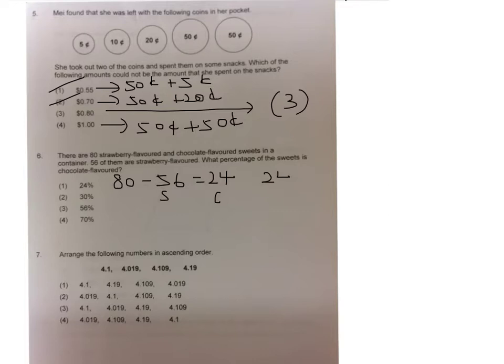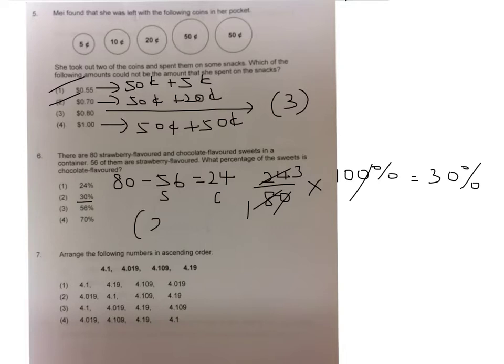That will be 24 chocolate sweets over 80, which is the total amount, times 100%. We can cancel here. 8 divided by 8 is 1. 24 divided by 8 is 3. 3 times 10, 30%. Question 6, your answer is 2.